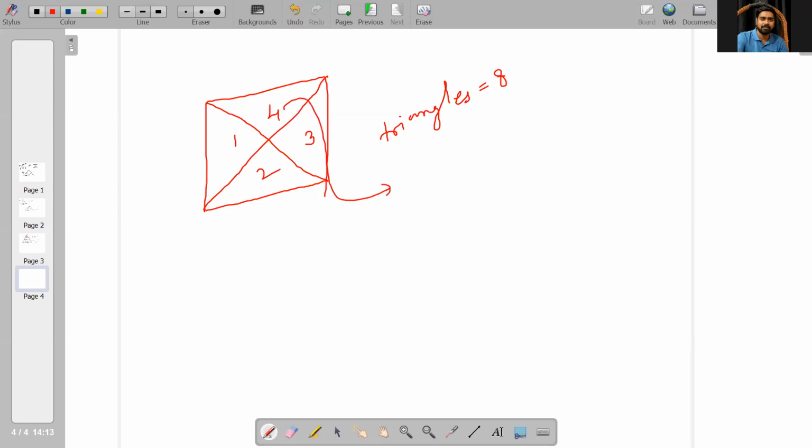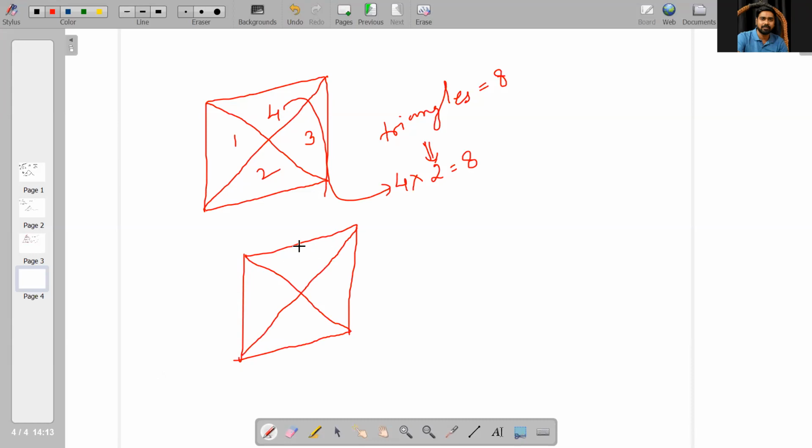So 4 into 2. 2 is a constant. Similarly, if I have it like this, now tell me how many triangles are there in this? 16. 16 triangles are there. 4, 5, 6, 7, and 8. So 8 into 2. So 16. Very good.